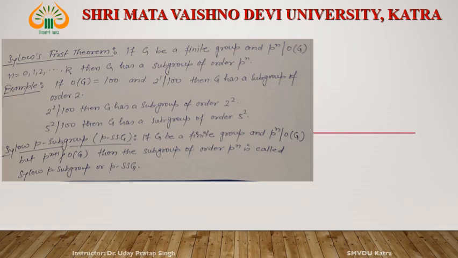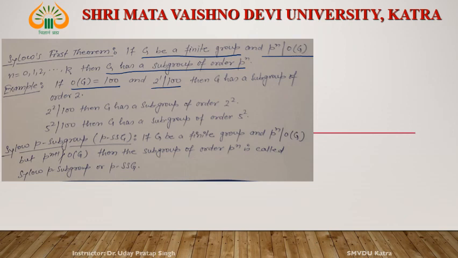What is Sylow's first theorem? Sylow's first theorem says that if G is a finite group and P to the power n divides the order of G, then G has a subgroup of order P to the power n. See, if the order of G is 100, then 2 to the power 1 divides 100.